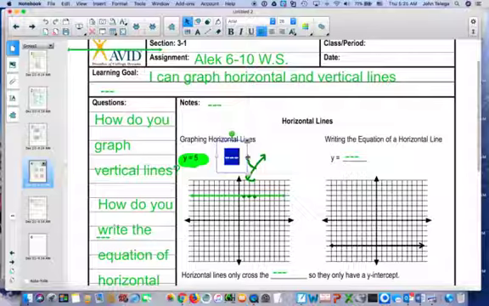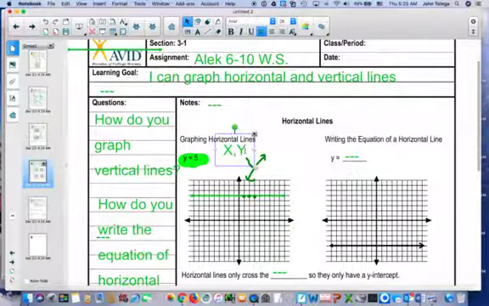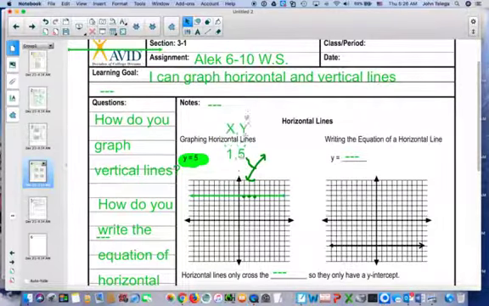They would all have 5 in the y. So the x, remember x comma y, their x's would all be like 1, and then the y's would all be 5s. All of the y's would be 5s.